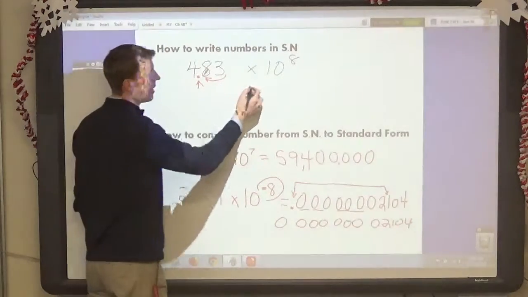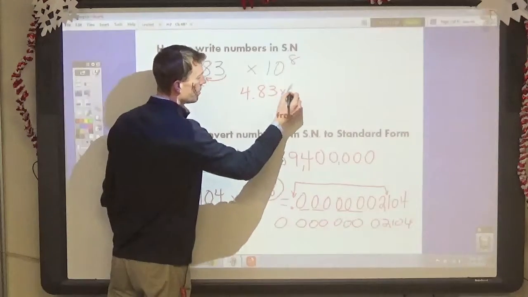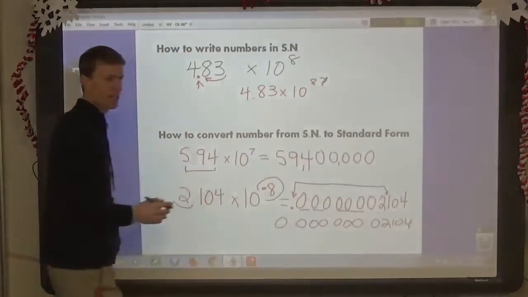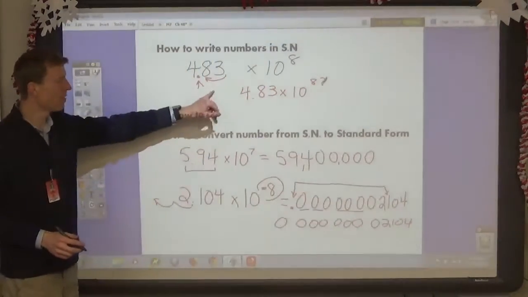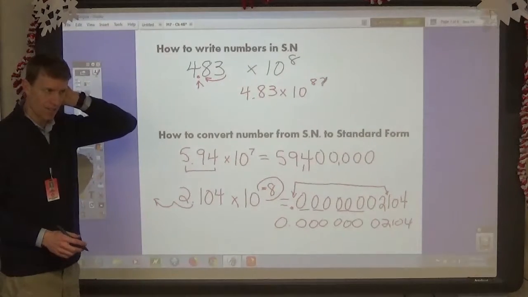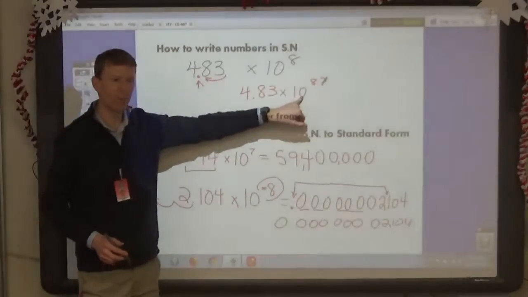But now it can't be 4.83 times 10 to the 8th power because we've just moved the decimal place. We're going to have to multiply it by a different power of 10.